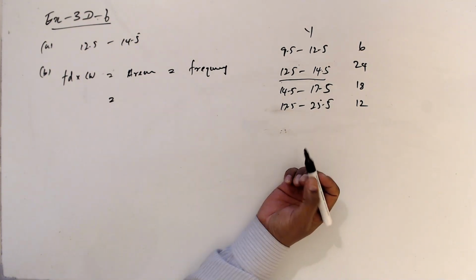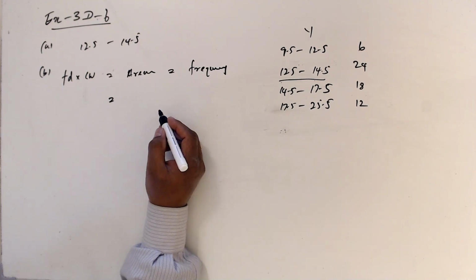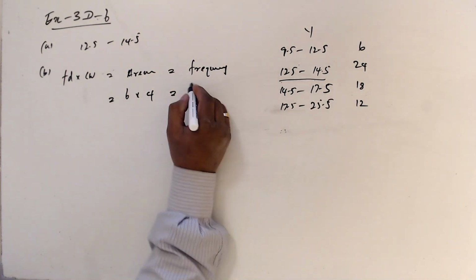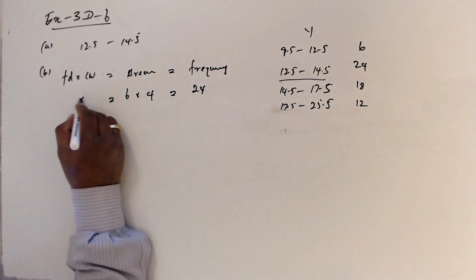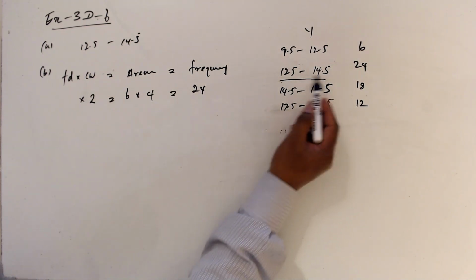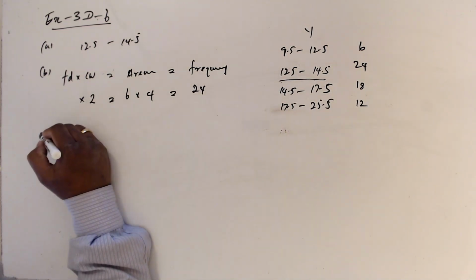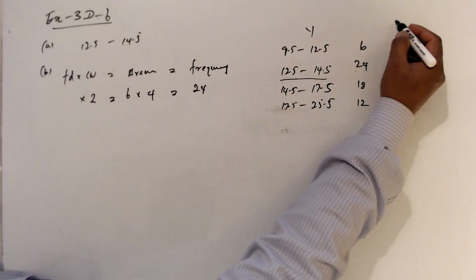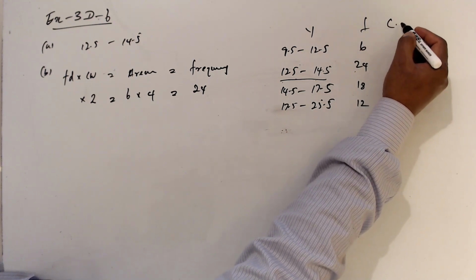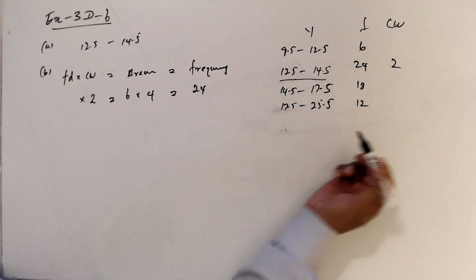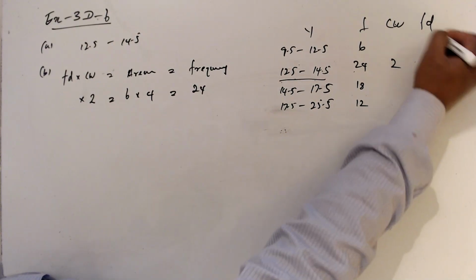Basically they have height is 6 centimeter and the width is 4, so 6 times 4, and frequency we know 24, and class width we know this is going to be 2, and the frequency density we can find: 24 divided by class width 2, frequency density 12.